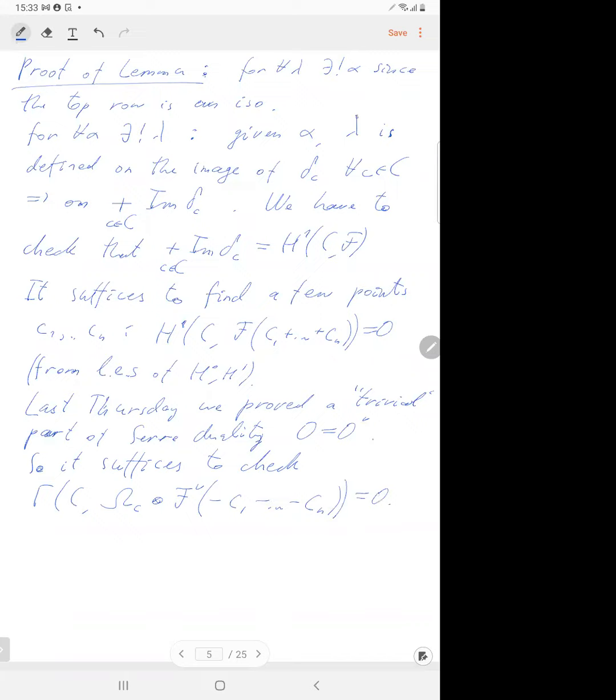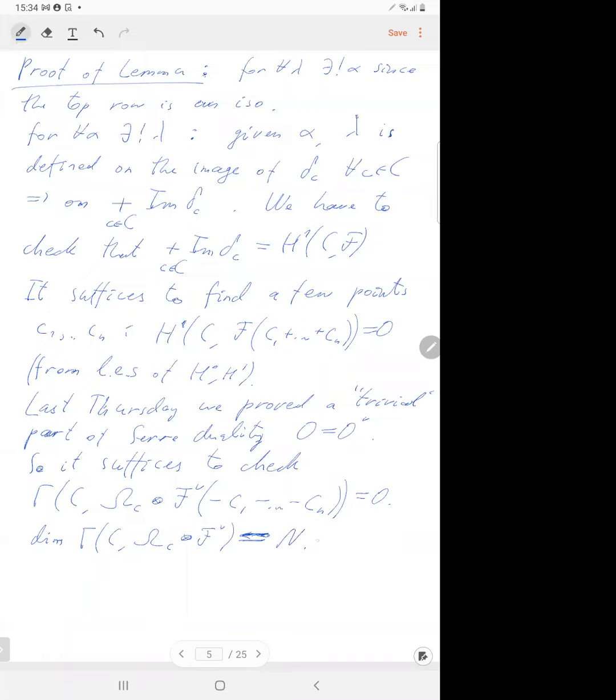Okay, and now we are done, because we know that we start with no points. We know that there are finitely many sections of this dual twisted sheaf. So say, let's call it n, and now we are untwisting by various points.